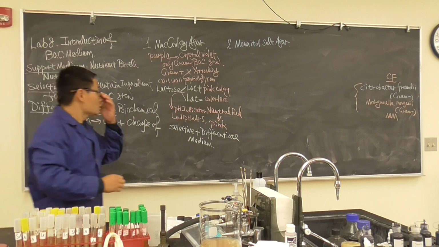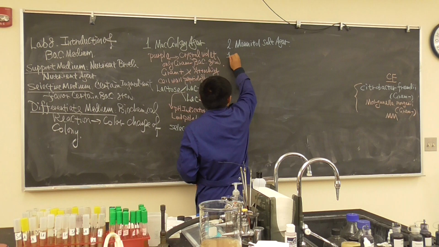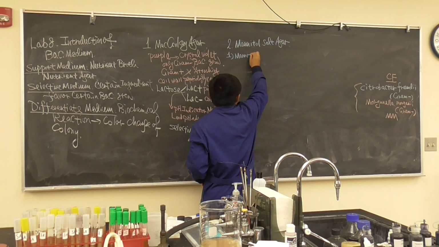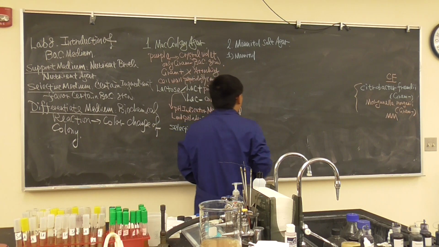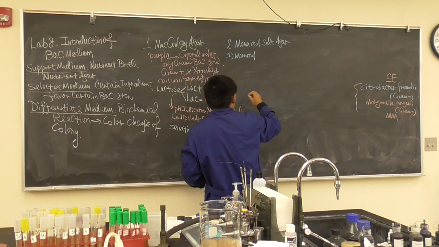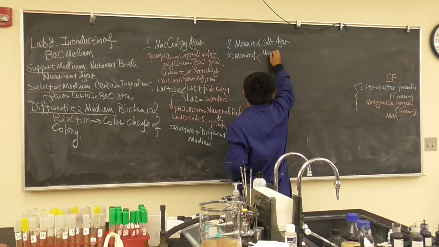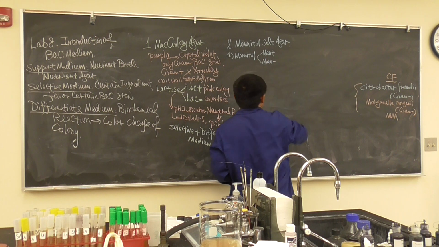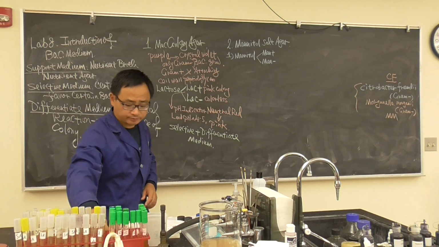Okay, what other ingredients are there? Number one, mannitol. Mannitol is a modified sugar, okay? Because of the mannitol, it could be mannitol fermentation positive or mannitol fermentation negative. If mannitol fermentation positive, what does it look like?